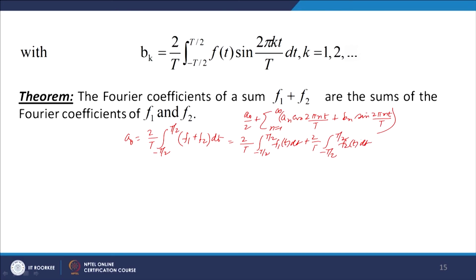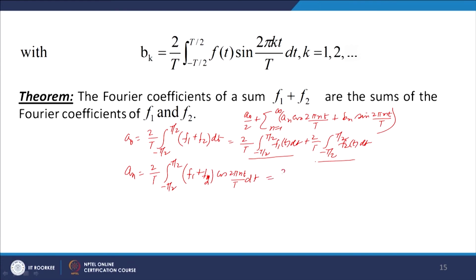So, the Fourier coefficient a naught for the function f 1 plus f 2 is the sum of the Fourier coefficients for the function f 1 and the function f 2. Similarly, we can write a n equal to 2 over T, integral from minus T by 2 to T by 2 of f 1 plus f 2 times cos(2 pi n t divided by T) dt.